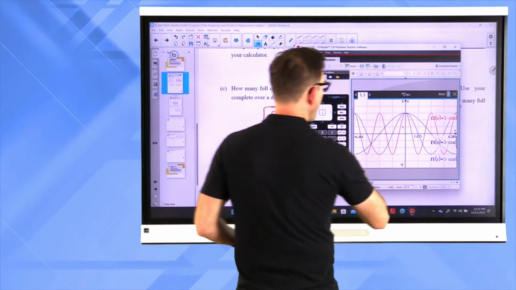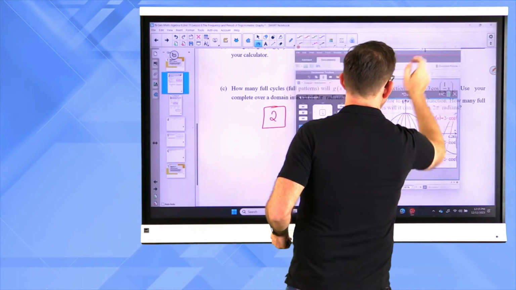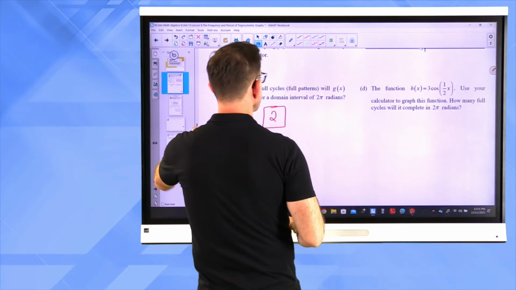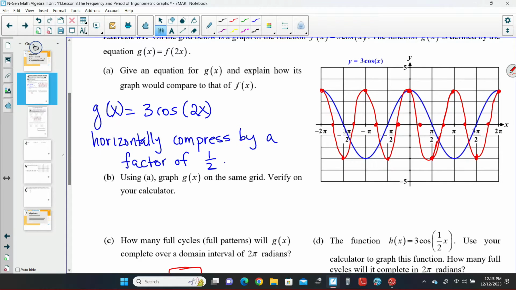And let's get that graph up on the graph grid now. In fact, let me go up here, and let me go with the same color as what I have on my calculator. It now looks something like this.